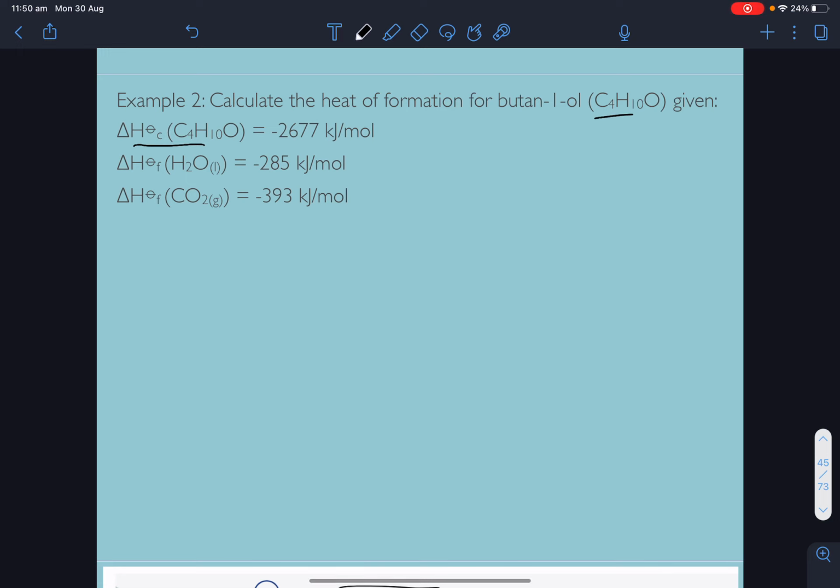We've got butanol, and I've given you the formula there because you can't derive the formula from the name yet. You will in Year 12. C4H10O, and we're combusting it with some oxygen. And it's giving, because it's carbon, hydrogen, and oxygen, it's giving carbon dioxide and some amount of moles of water.